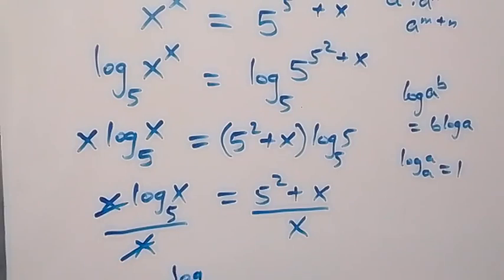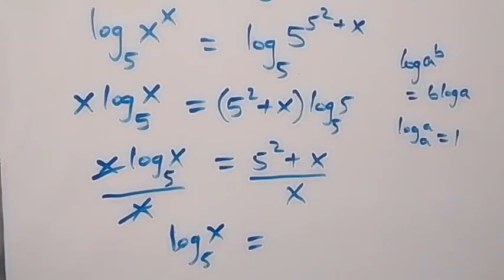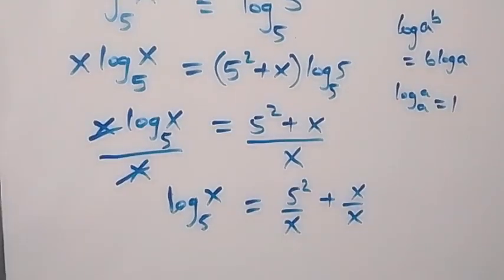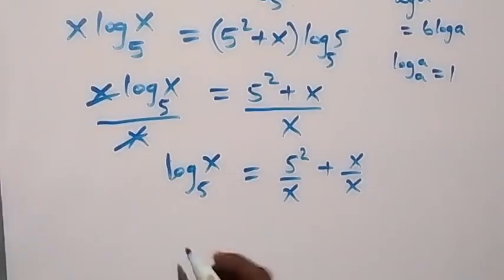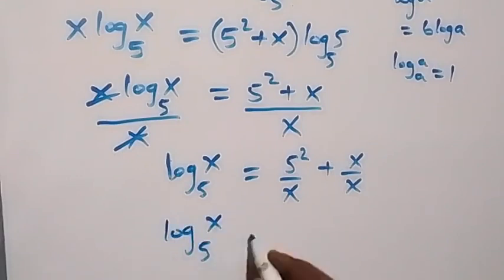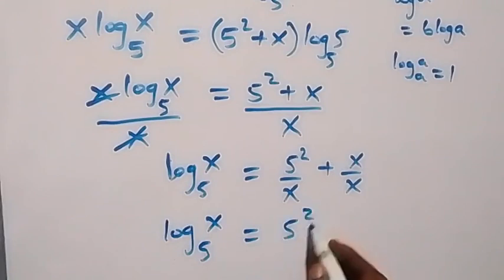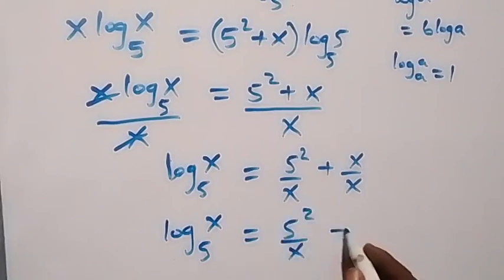So we have log x base 5 equals, let's separate this, 5 square over x plus x over x. So x over x gives us 1, and this can now be written as log x to base 5 equals 5 square over x, then plus 1.